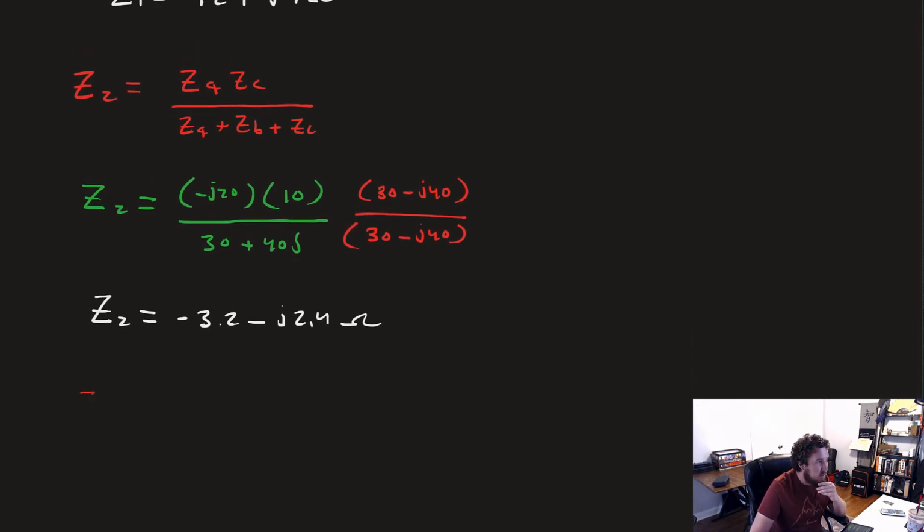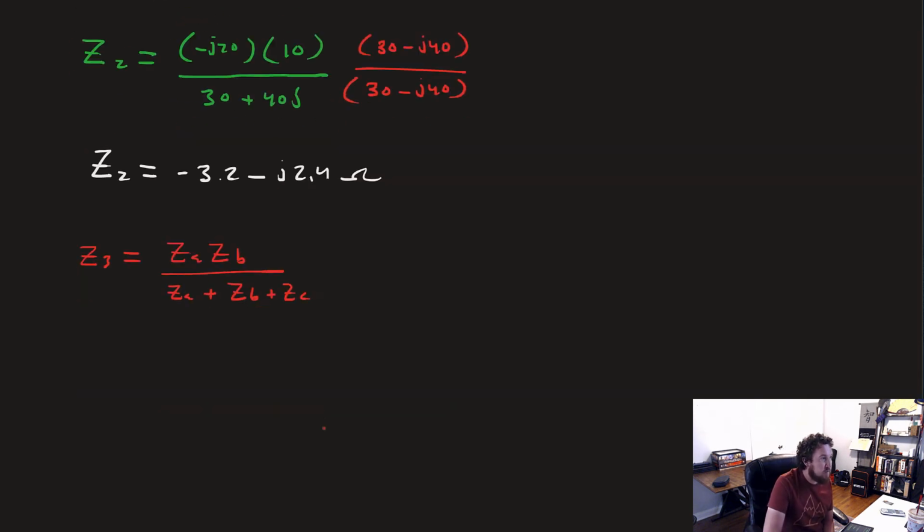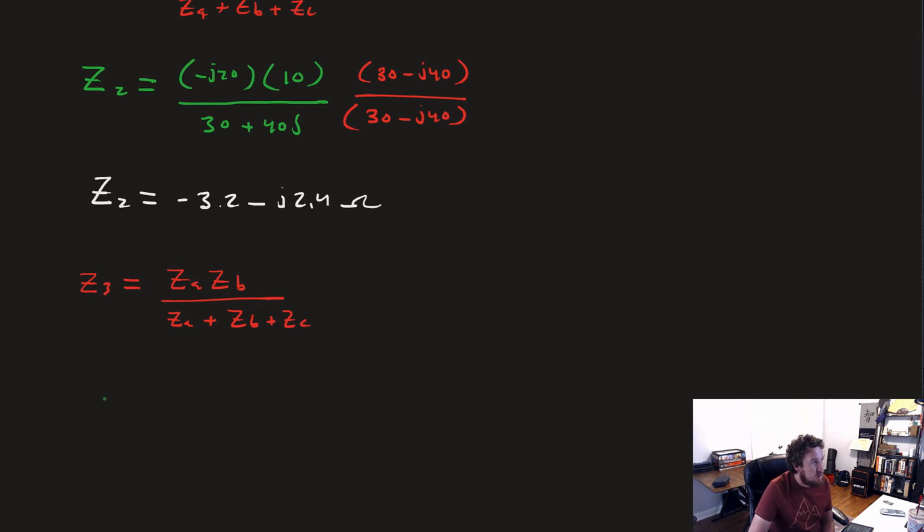Finally, the last one here, Z3 is equal to ZA times ZB over our sum, ZA plus ZB plus ZC. And let's plug in our parameters. We're going to get Z3 is equal to ZA, which was minus J20, and ZB, which was 20 plus J60, over 30 plus J40.